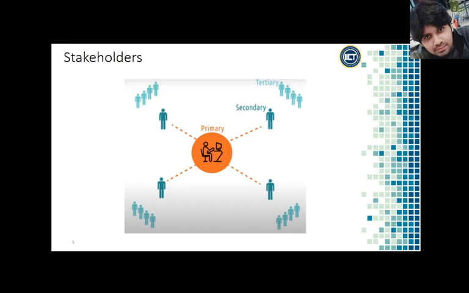User-centered design isn't just about catering to the user in the center of this diagram, but it's also about looking at the impact of our designs on all the stakeholders.